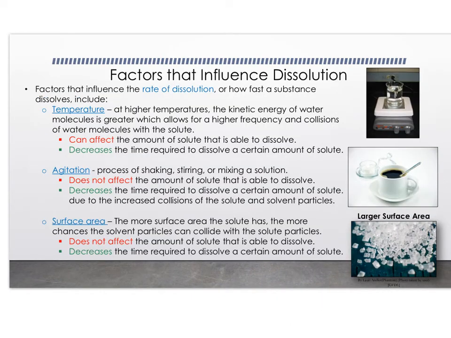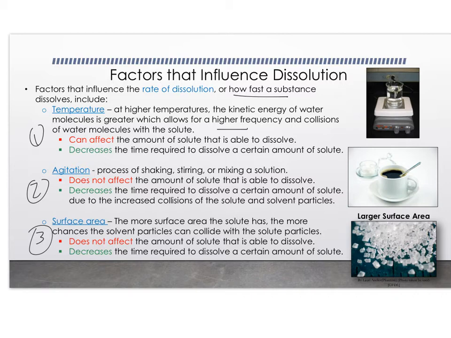Factors that influence the rate of dissolution, or how fast a substance dissolves, include these 3 examples. Whenever we're talking about the rate of dissolution, we're talking about how fast something can dissolve. Temperature affects the rate of dissolution because at higher temperatures, the kinetic energy of water molecules is greater, which allows for a higher frequency of collisions, which will then allow for more solute to be dissolved.